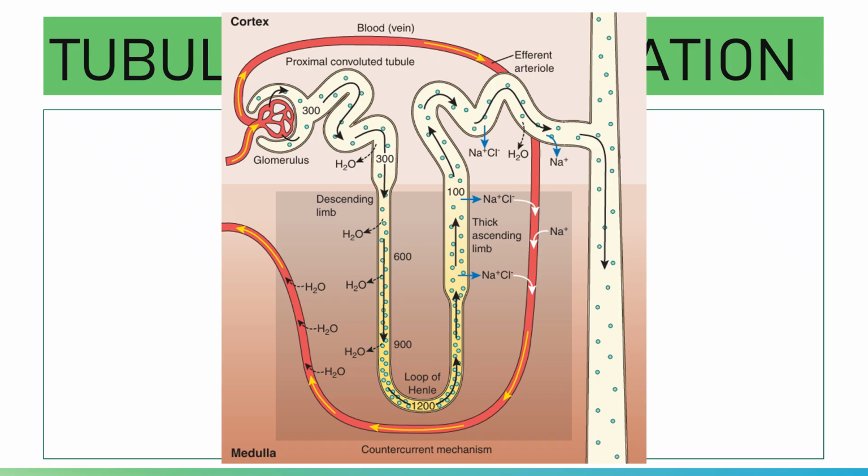It is a passive exchange process which takes place between your vasa recta, the vascular bed, and the renal medulla. What happens here? The reabsorbed solutes and water in the medullary interstitium are passively moved by diffusion into the vasa recta.